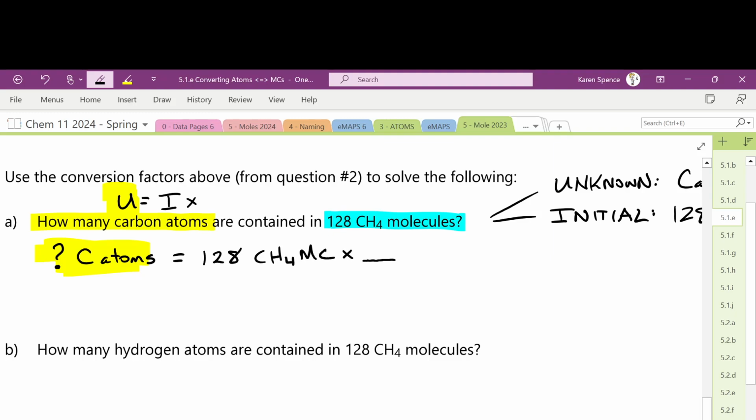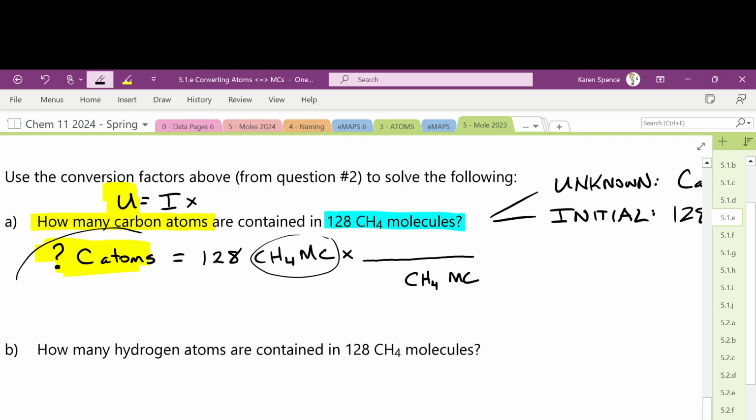And remember, the conversion factor, you always draw a line. And then you put whatever you want to cancel wherever it needs to go. What needs to cancel out? CH4 molecules need to cancel out. So we're going to put it down here, CH4 molecules. And we're going to put what we want to find on the top.